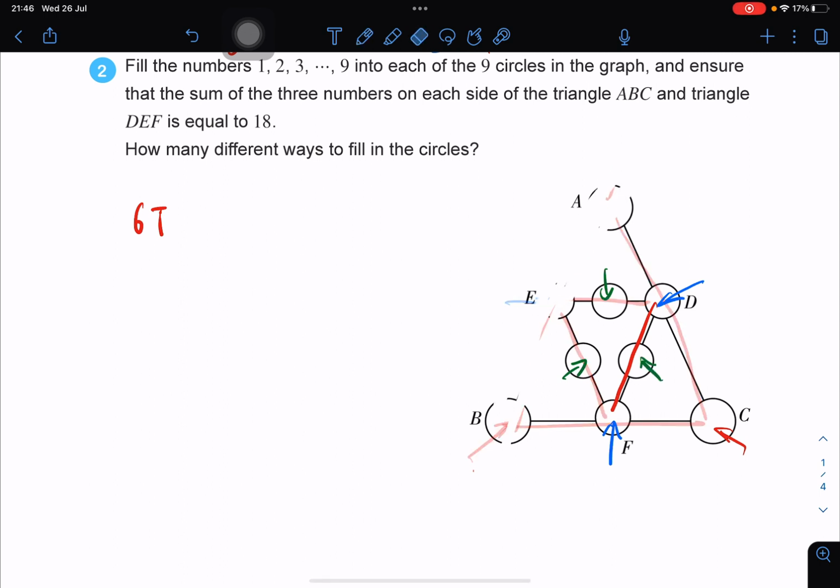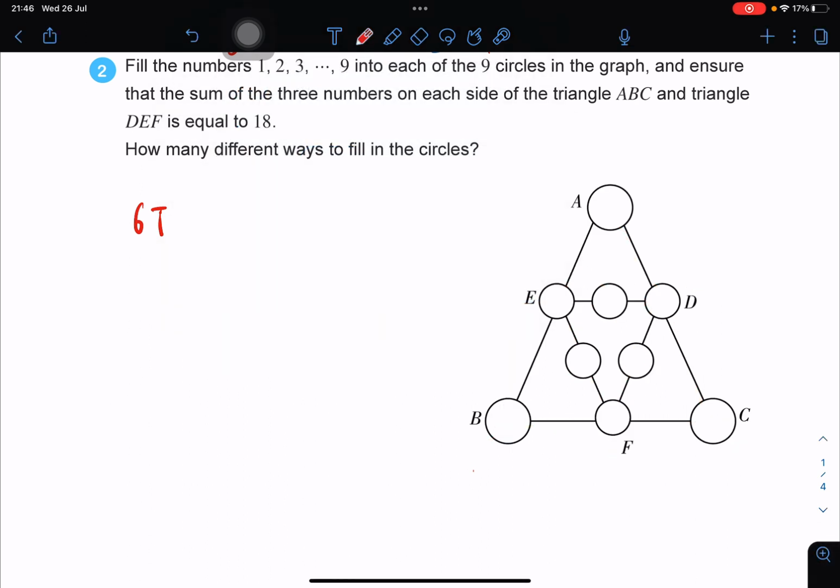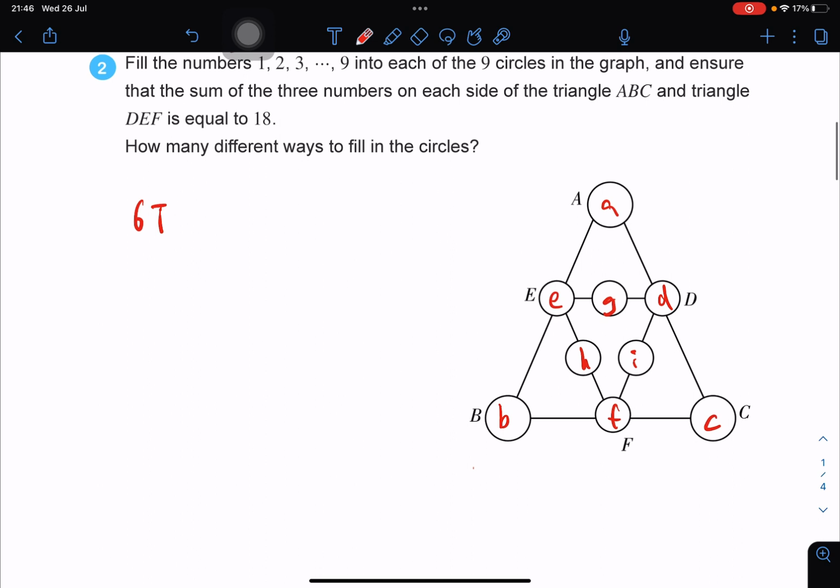So in other words, if I'm naming them A, B, C, D, E, F, G, H, and I, A, B, C are counted twice, D, E, F are counted 3 times, G, H, I are counted once each.